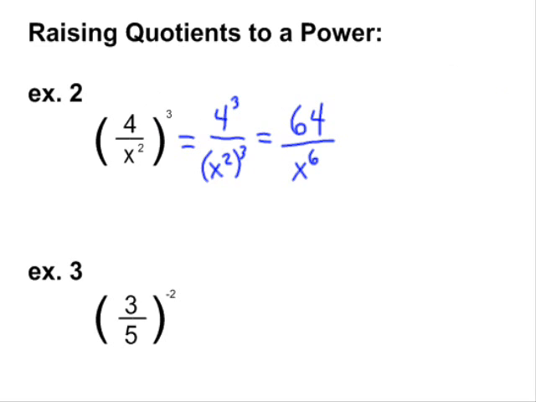In example 3, it's basically the same, only this time you can see that we have a negative 2 instead of a positive 2. And what that means is it's going to turn our fraction into a compound fraction that'll look similar to this. And we've done an example like this in the past where we had a fraction and a fraction.